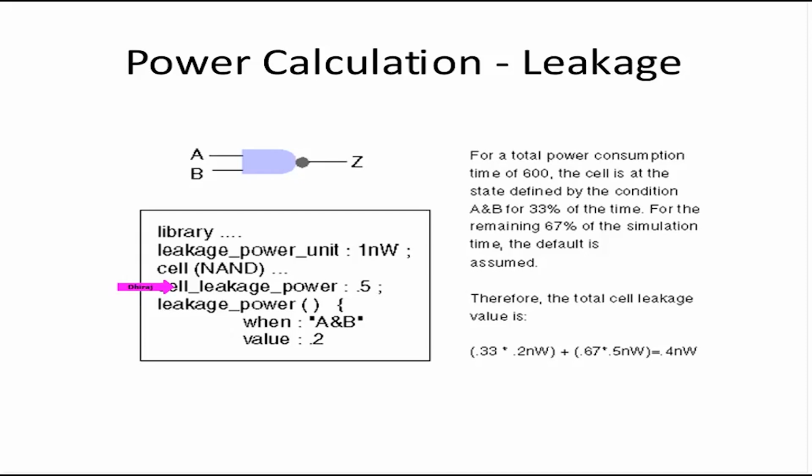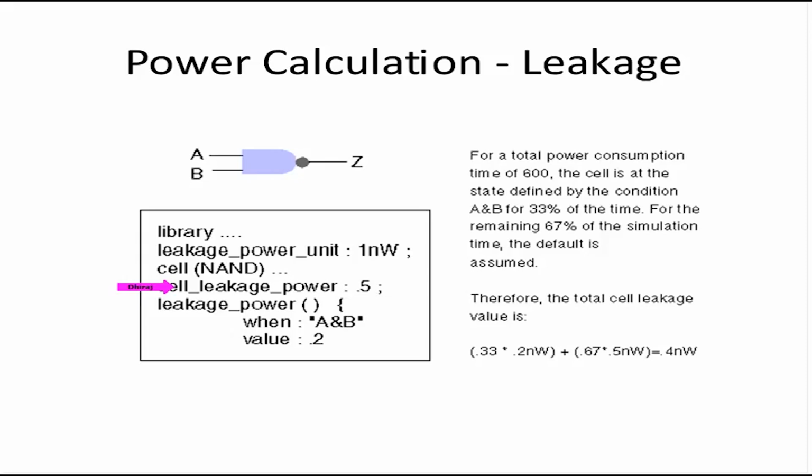So again, the priority is the state dependent leakage power. If that is absent, it will take the cell leakage power. If even the cell leakage power is absent, it will look for the default cell leakage power attribute. So there are three attributes: cell leakage power, default cell leakage power, and the state dependent leakage power.